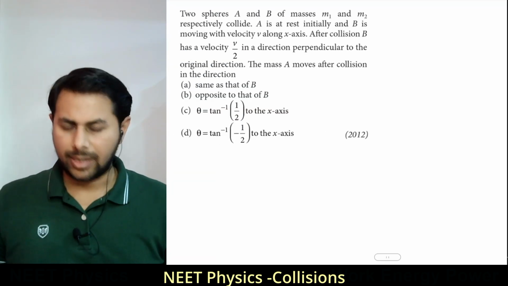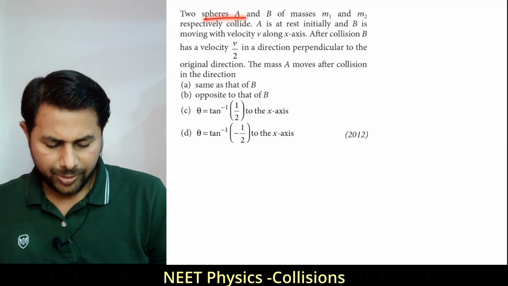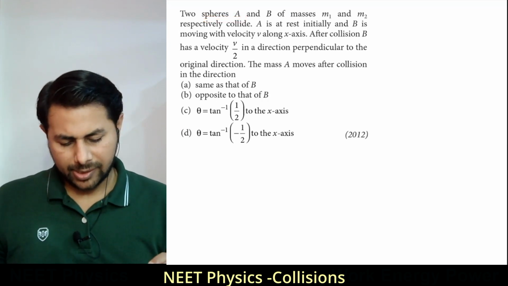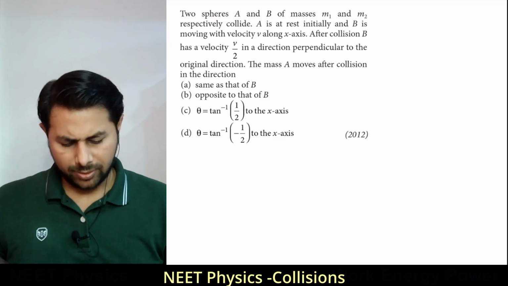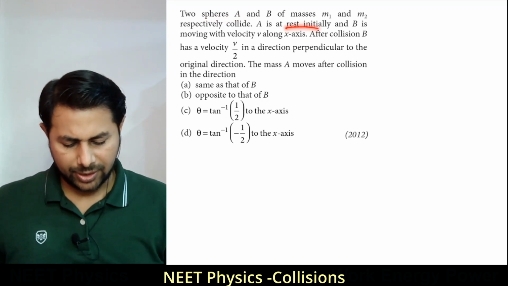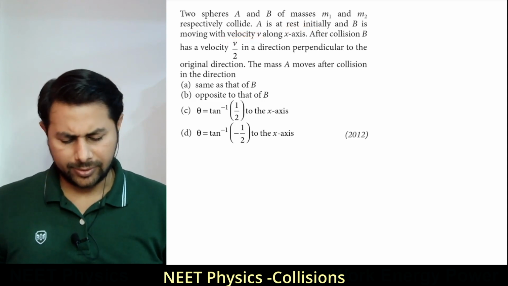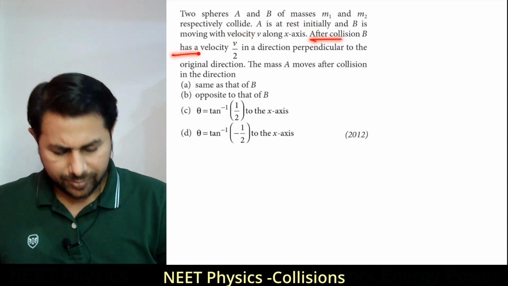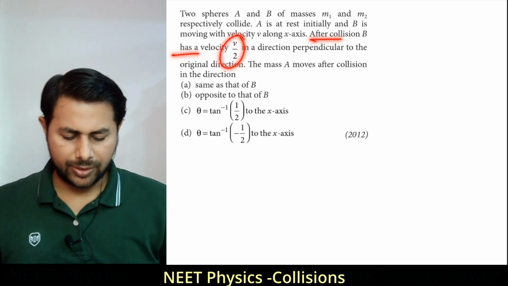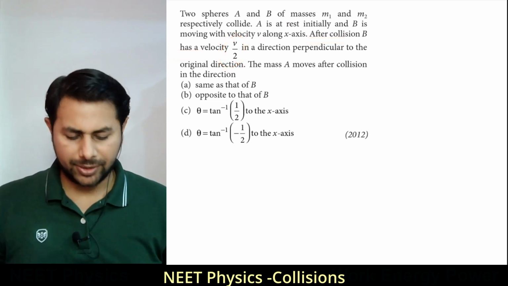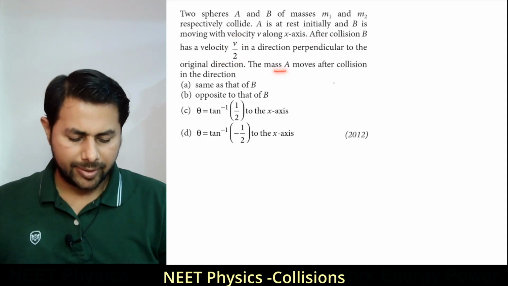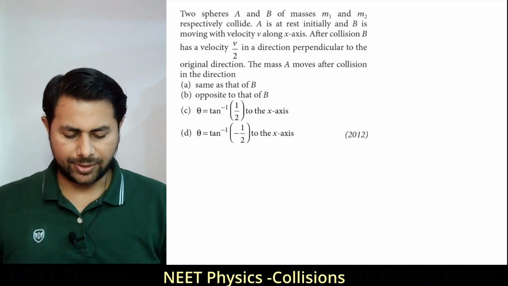Let us try to solve this one. Two spheres A and B of masses m1 and m2 respectively collide. A is at rest initially and B moving with velocity v along x-axis. Okay. After collision, B has velocity of v/2 in the direction perpendicular to original direction. The mass A moves after collision in the direction.